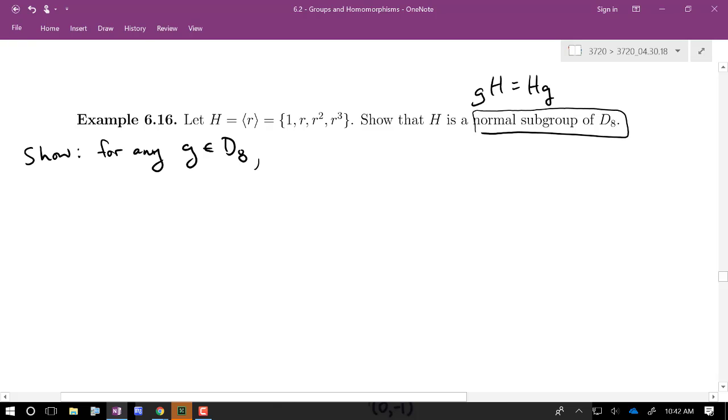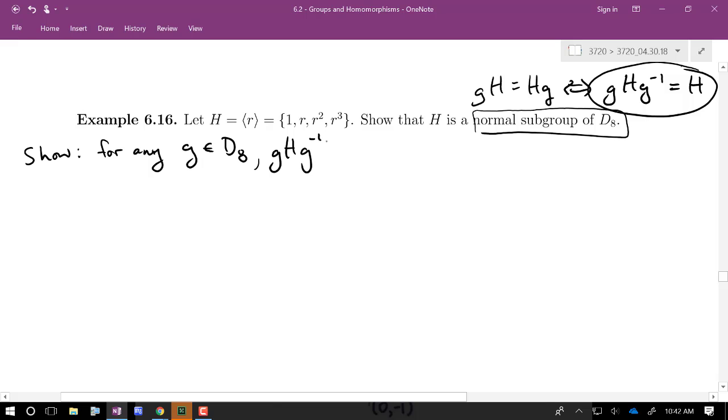That the left cosets are the same as the right cosets. But this is the same as showing that gHg inverse is equal to H. So this is the way I'm going to go about this one. So we're going to show that for any element in D8, gHg inverse is equal to H. We call this operation conjugation.